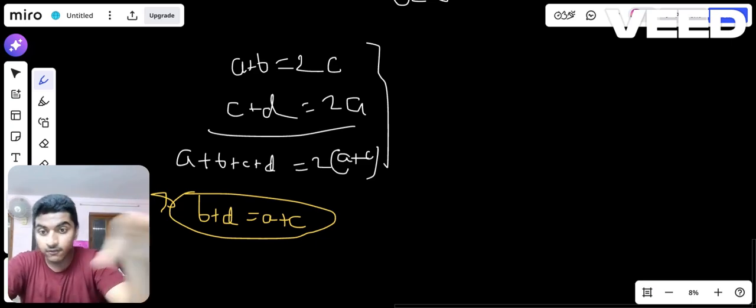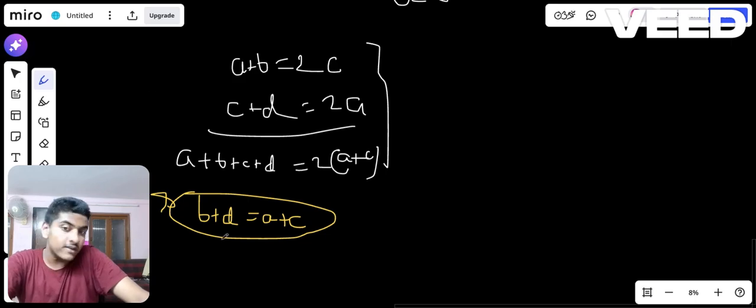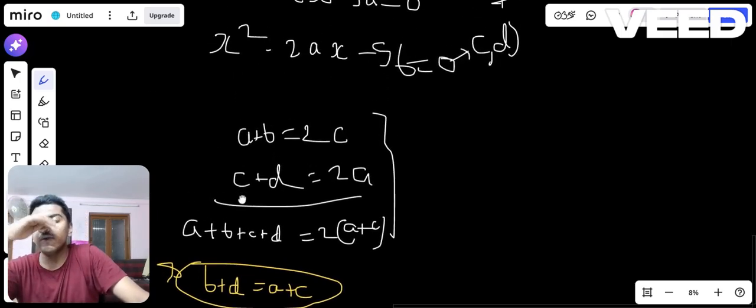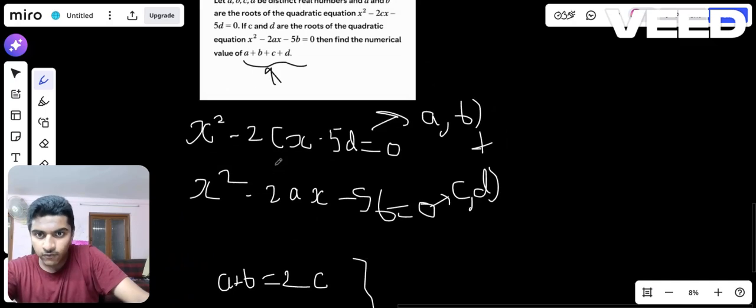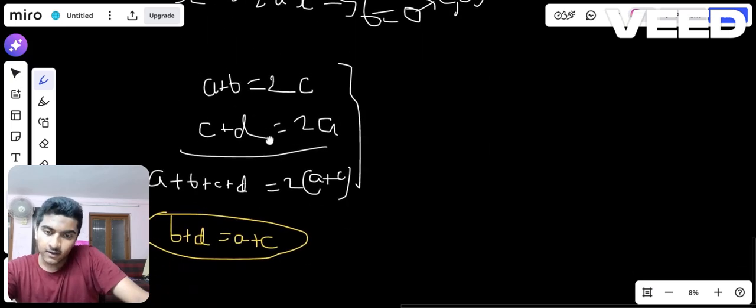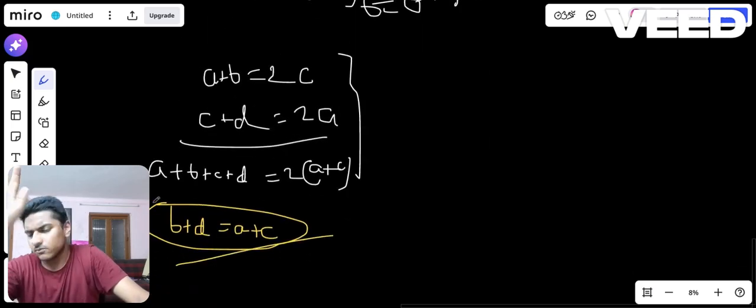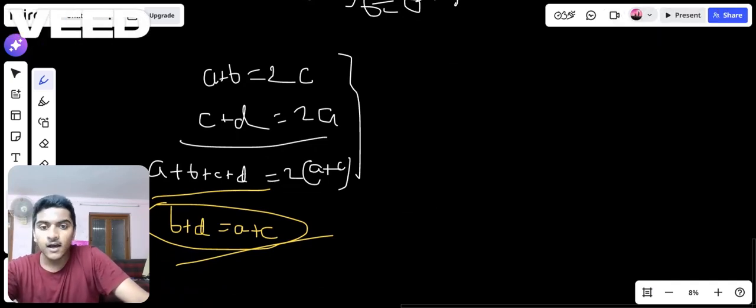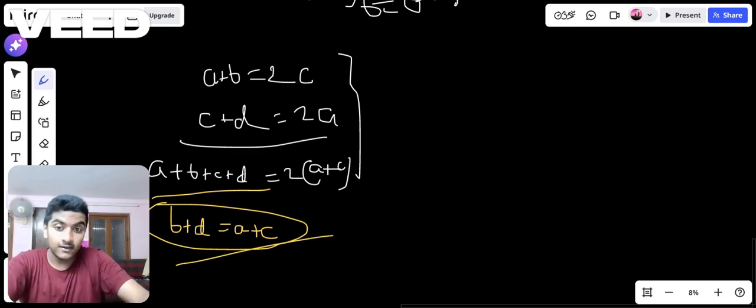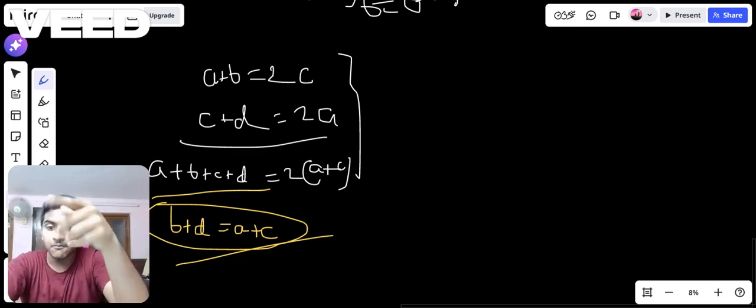Our main motive was not to prove that these two are equal. However, while doing what we were asked to do, a plus b plus c plus d, we ended up with this important result. We don't know whether we will use it or not, but hopefully this result which we derived will be helpful to us, right?